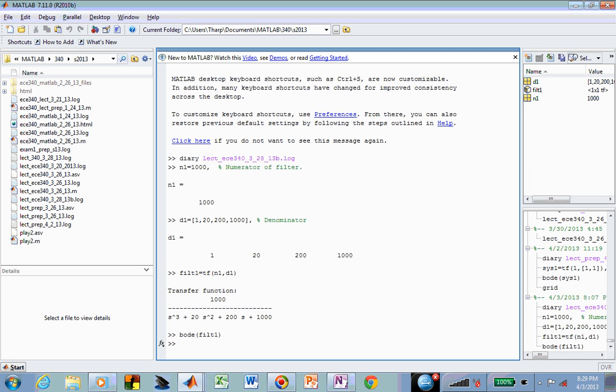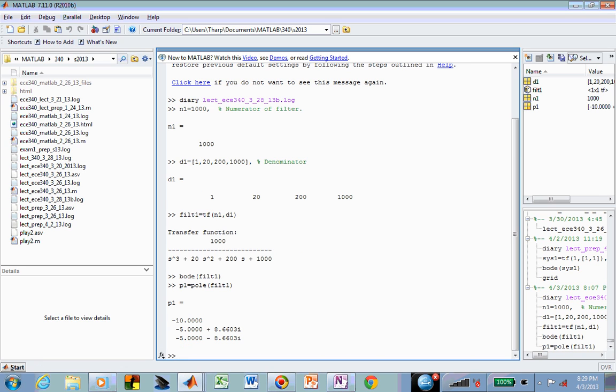We could play a little bit more with this. Let's say somebody says, I really want to see if those poles are where I think they should be. We could simply take the poles of that transfer function, filt1, and call those poles P1. Actually they are where we thought they should be: at minus 10, and two complex conjugate poles at minus 5 plus and minus j 8.66.